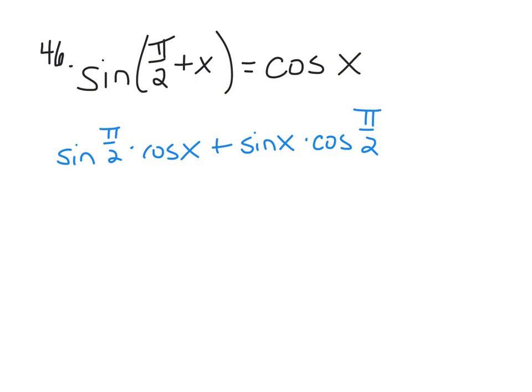All right, now we're just evaluating, thinking of the unit circle. Remember, your sines are your y's and your cosines are your x's. So that means sine of pi over 2 is 1 times cosine of x, and then sine of x times the cosine of pi over 2, which is 0. And so then we get down to cosine of x.